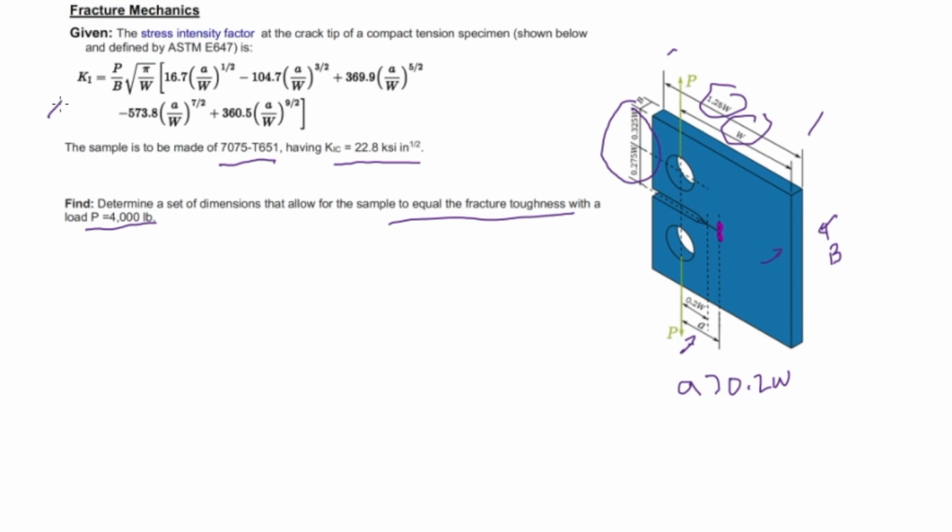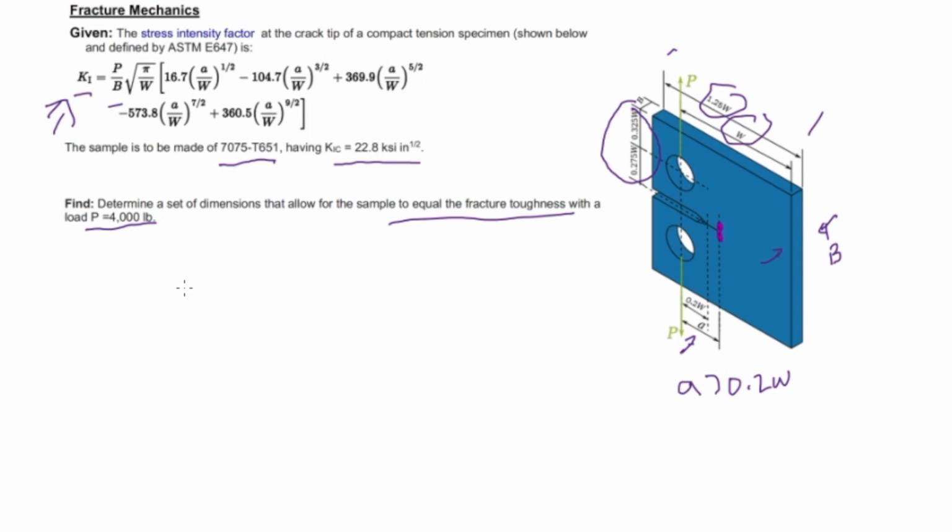In the ASTM standard, we're given the relationship of the stress intensity factor in mode 1, which this specimen initiates, mode 1 fracture in tension. And so we're given this relationship as a function of A over W, the load, and B, the width.